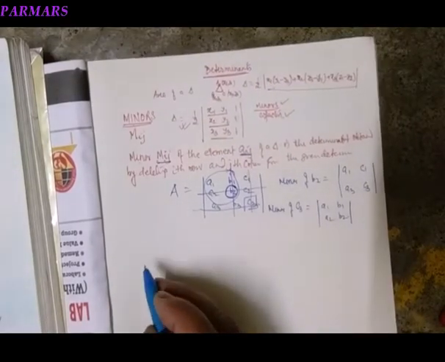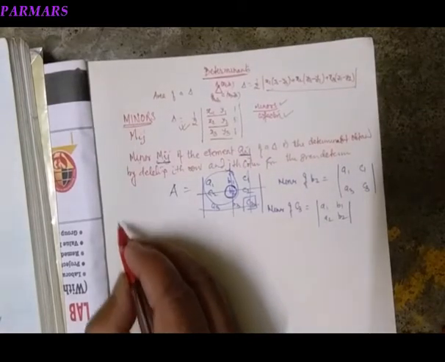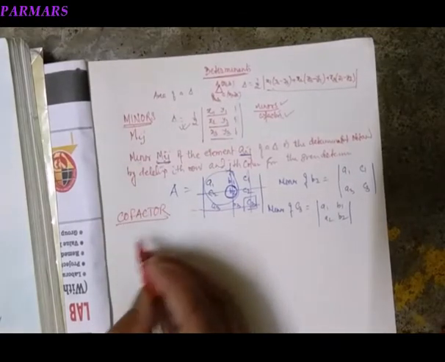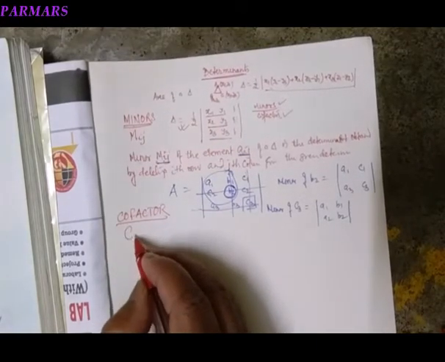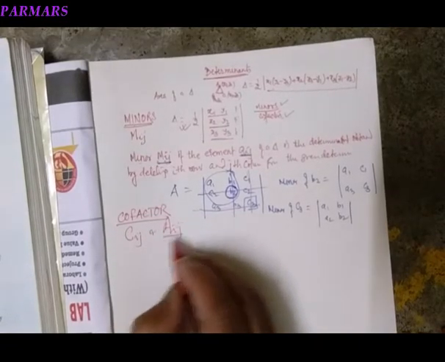Now what about cofactors? Someone writes Cij or Aij. I will prefer Aij.